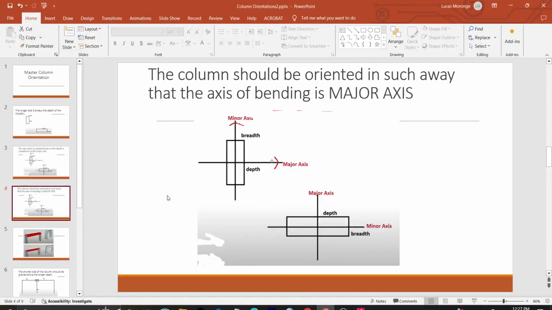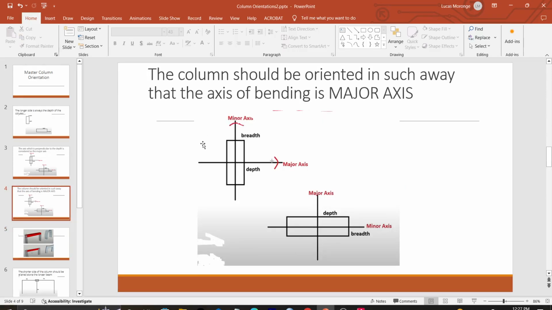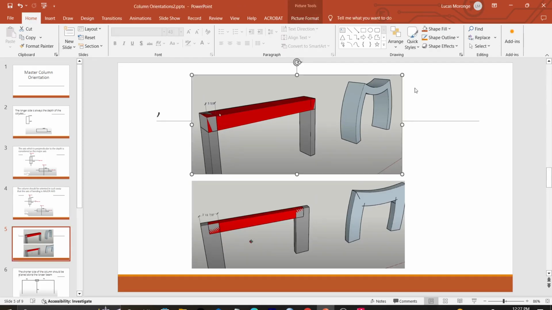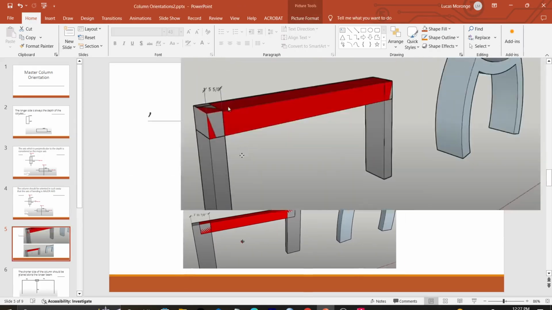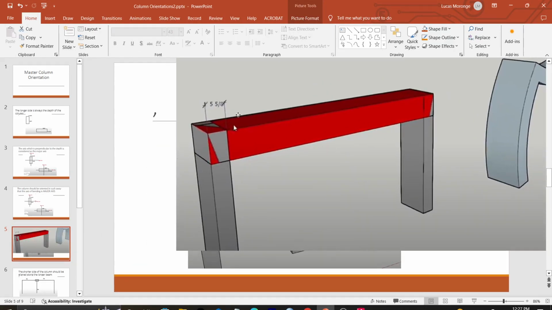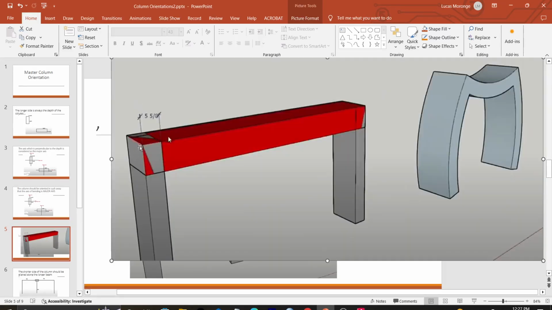Let's go back to our PDF. If you arrange your column with the shorter length here, this is the length of resistance. Here we are looking to increase the length of resistance. You can see in my first figure the length is just 5 inches, so the length of resistance is smaller.